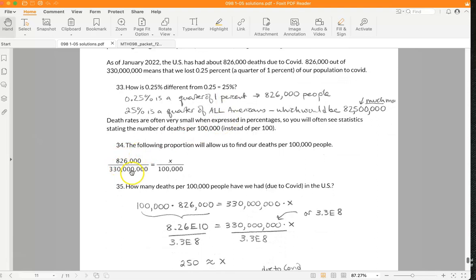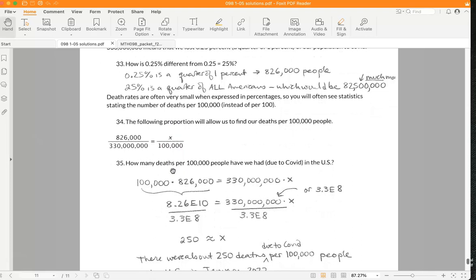Finally, if we wanted to find out how many cases per 100,000 we actually had in this country, we can put the part over whole, the deaths per 100,000. So we're going to have the deaths over our population, and then we're putting X over 100,000. And again, I set this up with a proportion.